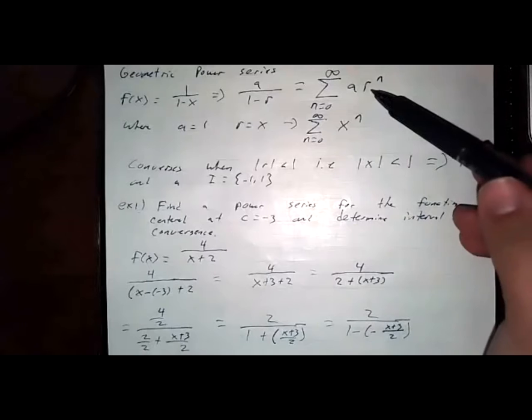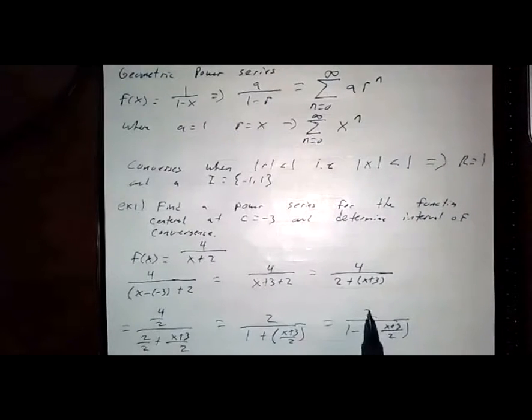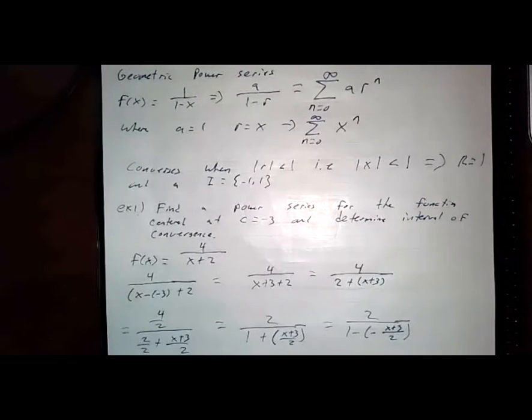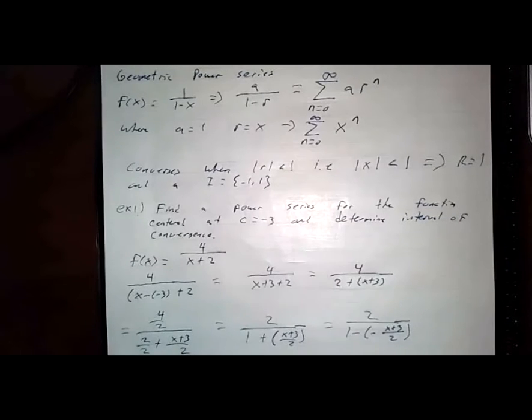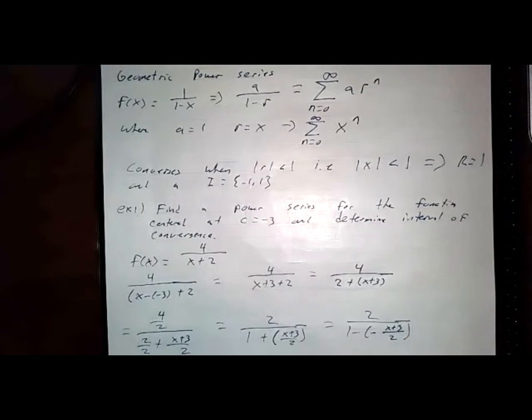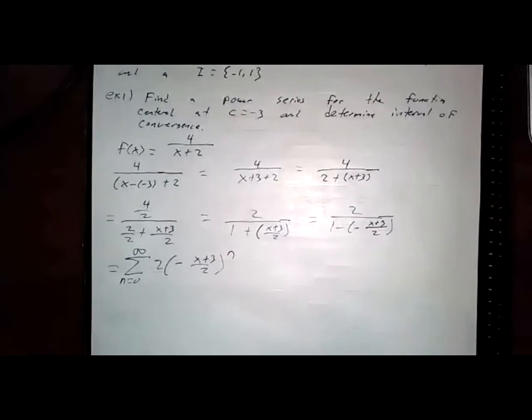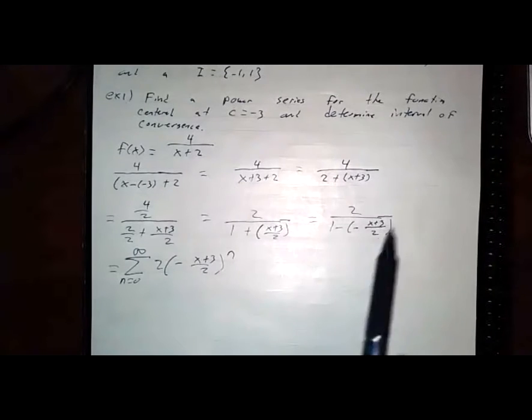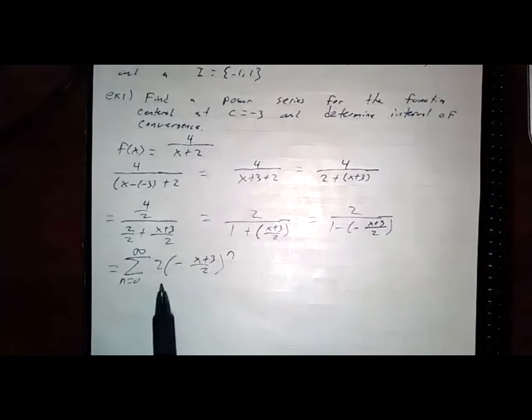Which goes here. The a will be 2, so the series would be from n equals 0 to infinity of 2 times the r, which is this weirdness, to the n. Do you guys see where this came from? How I converted this guy to this.